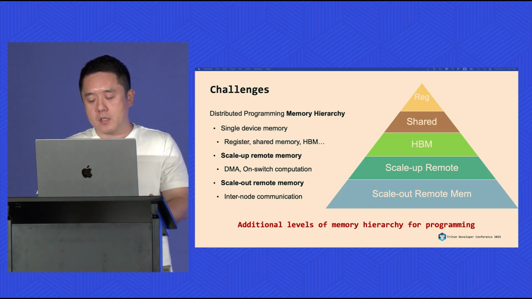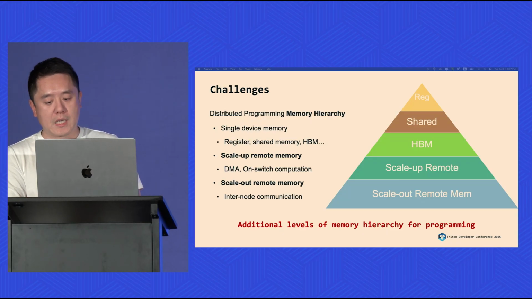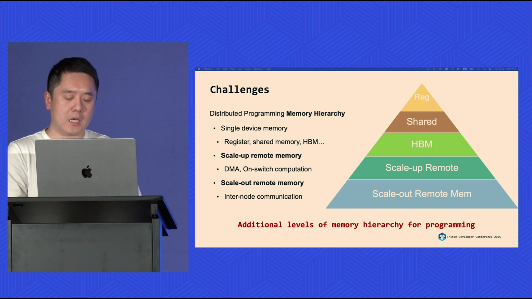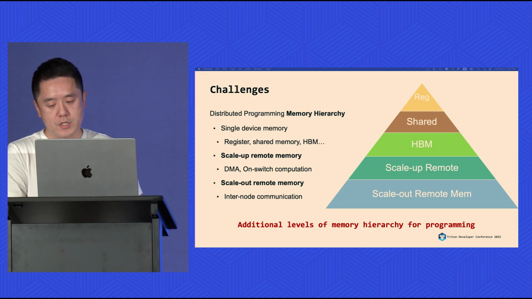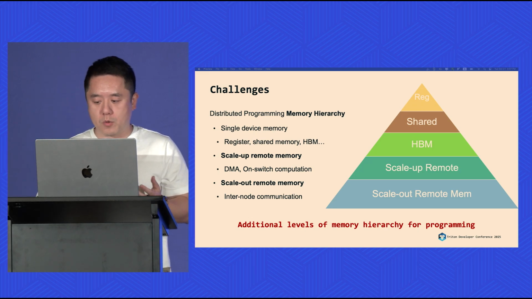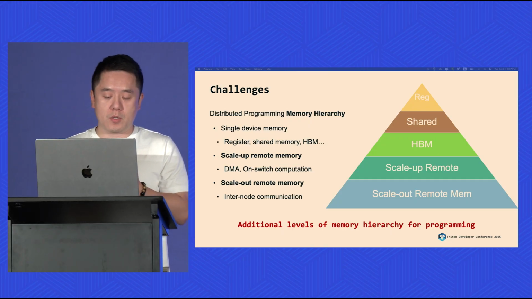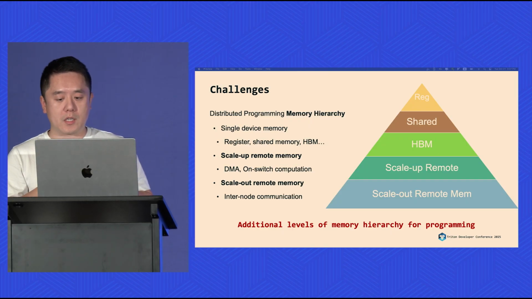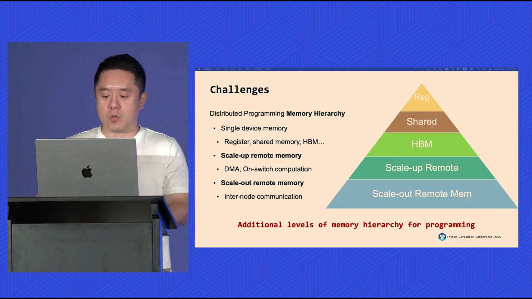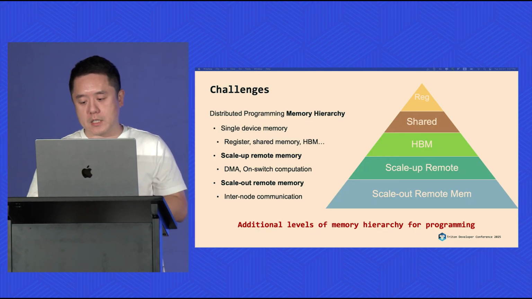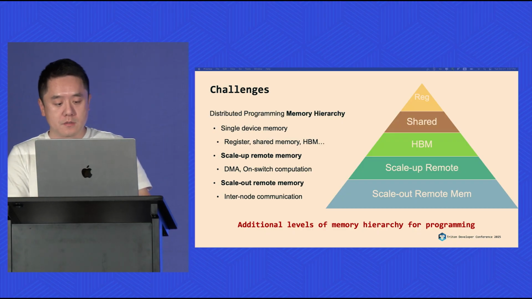On the other hand, modern GPUs have NVLink SHARP, which provides on-switch reduction and broadcasting, these modern features for acceleration. These are called multimem operations that need to be used wisely to improve the overall performance. Similarly, for scale-out, programmers need to deal with internode communication through the NIC. All of this extra memory hierarchy increases the difficulty of programming and optimizing the whole system.